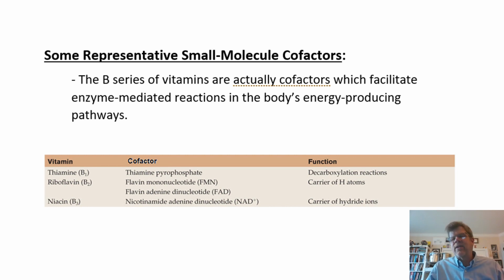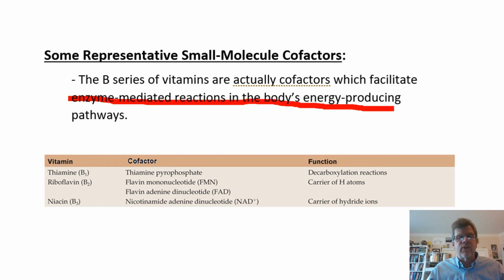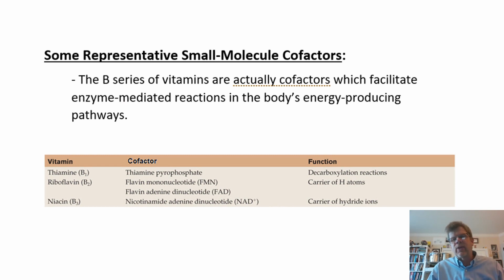I'd use the example of vitamins, and we'll look specifically at the B complex of vitamins. If you look on your vitamin pill container, we have your B complex, B1, B2, B3, B6, B12. These are all cofactors which facilitate enzyme-mediated reactions within the body's energy-producing pathways, almost exclusively in energy-producing pathways.